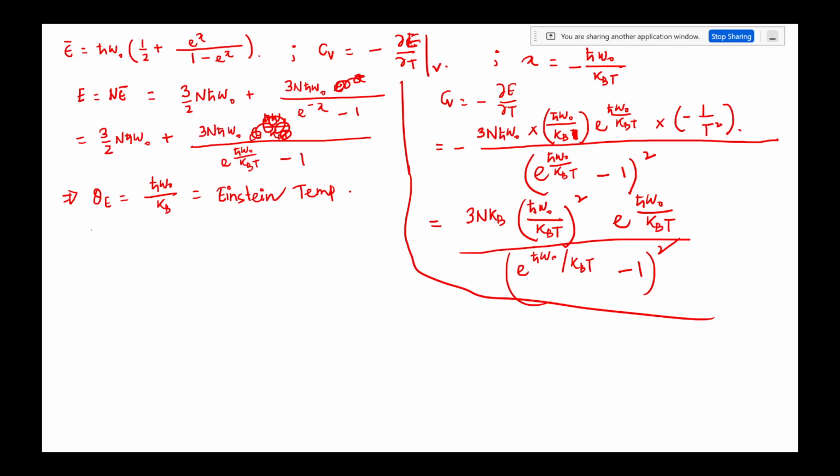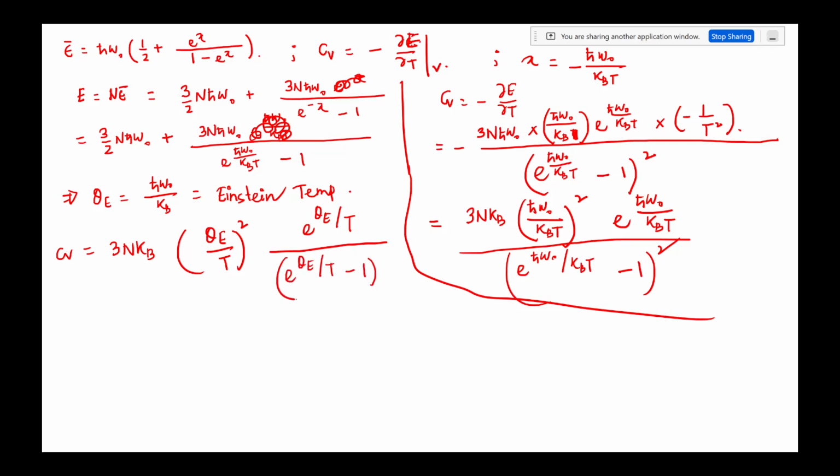So you can write Cv as 3n kB, theta E by T whole squared, times e to the power theta E by T, divided by e to the power theta E by T minus 1, whole squared.